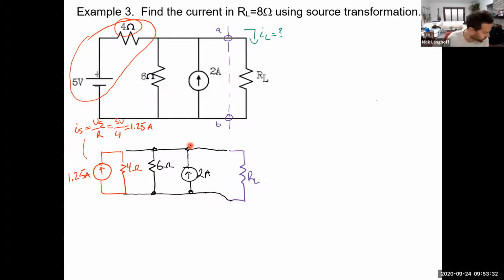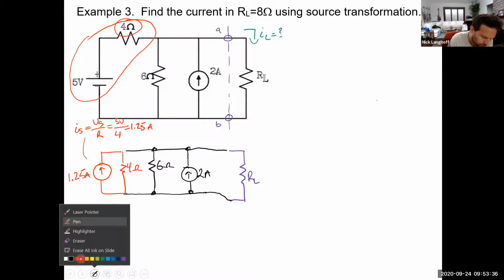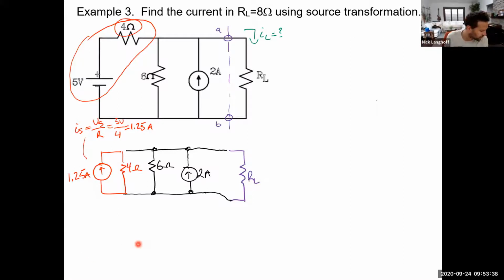All right, so what we're going to do now is I'm going to propose that at this point, let's take these resistors. Let's take this current source here and this 2 amp current source. Notice that both of those are pushing current into the top node.